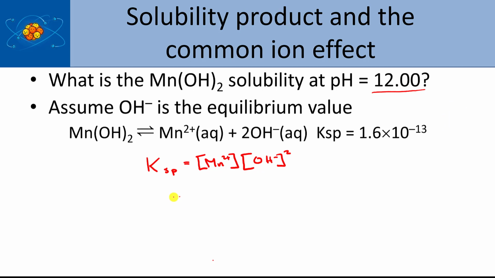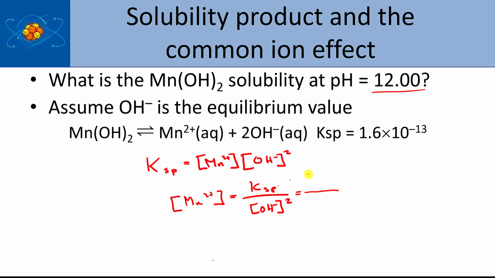So you can just rearrange the equation and say the concentration of manganese equals KSP over the concentration of hydroxide, because by default we're assuming it's the equilibrium concentration. These calculations are very similar and will give similar types of results. But if it says pH, then we're just assuming that it's being held at that constant concentration.